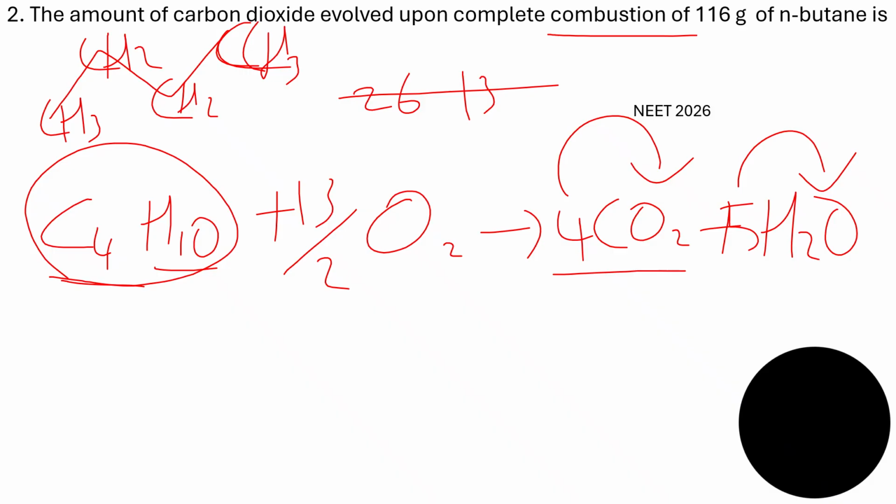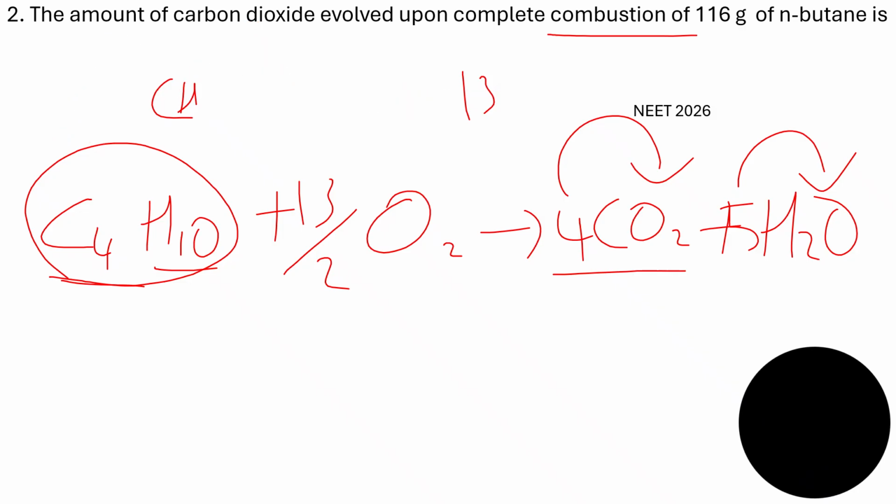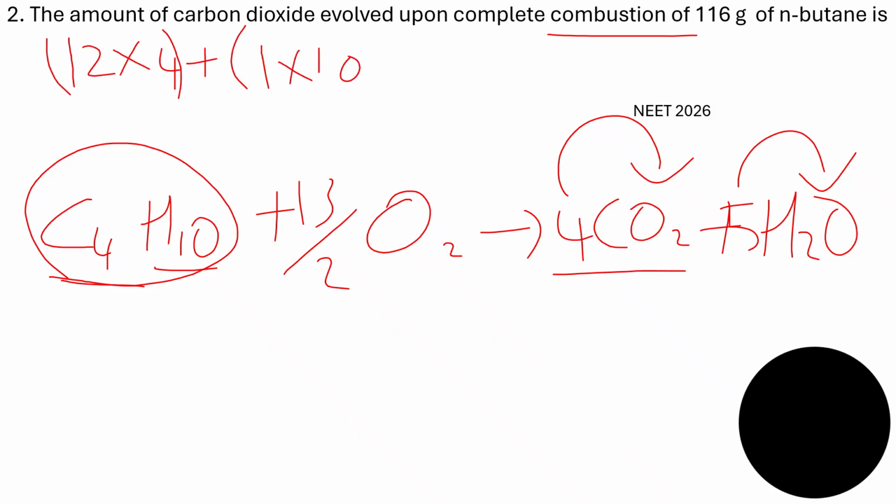One mole means how many grams? C4H10: there are 4 carbon atoms, so carbon mass is 12. 12 into 4 plus 1 into 10 is equal to 58 grams. For carbon dioxide, 12 plus oxygen 16.